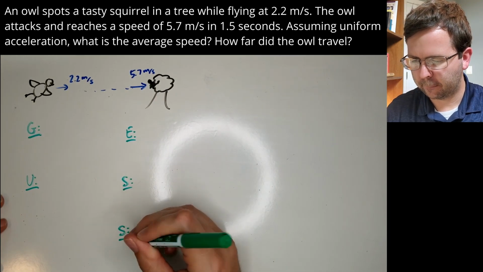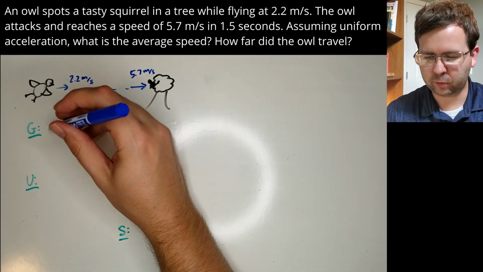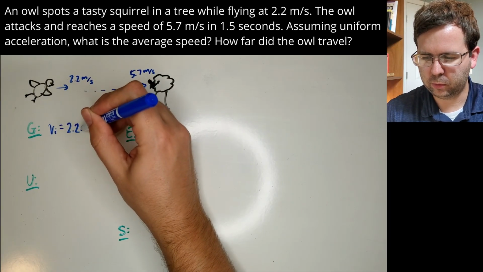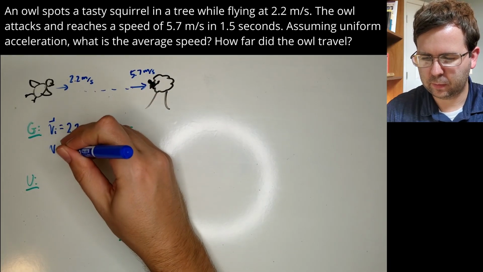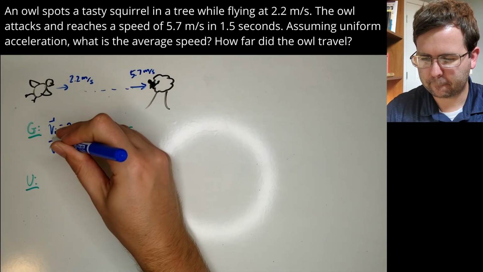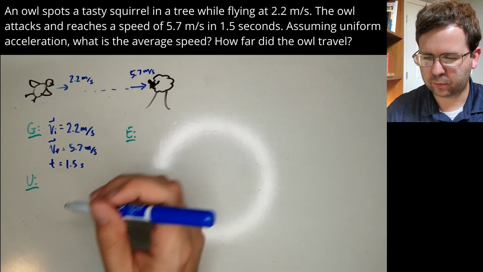So let's start by listing our given information using physics symbols. So the initial velocity, VI, is 2.2 meters per second. And then the final velocity is 5.7 meters per second. And this all happens in a time of 1.5 seconds.